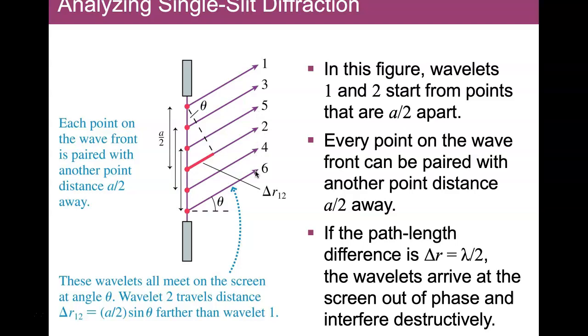For the case of destructive interference, we want to get 0 intensity. We want everything to add up to 0. And if they cancel out in pairs, then that happens and it's going to be a dark spot. So if the phase difference between one at the top and one at the center is pi, for example, then the whole intensity will be 0.